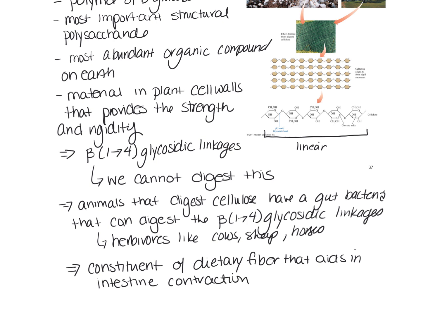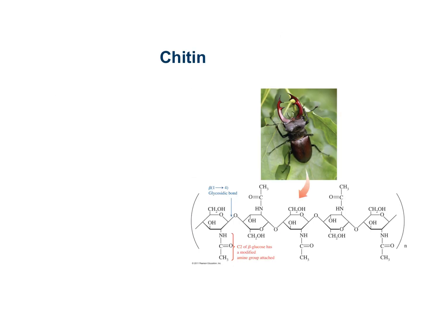Because we cannot digest this, it is part of our diet because it's helpful with intestinal contraction. So while we don't get any nutritional value from cellulose, it can still help aid the passage of food through the digestive system.